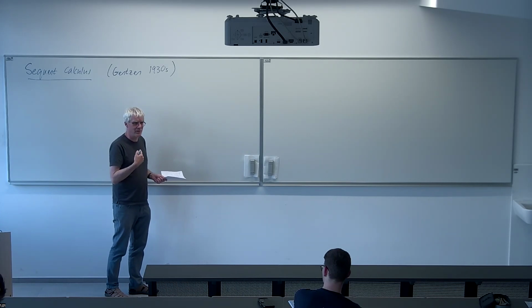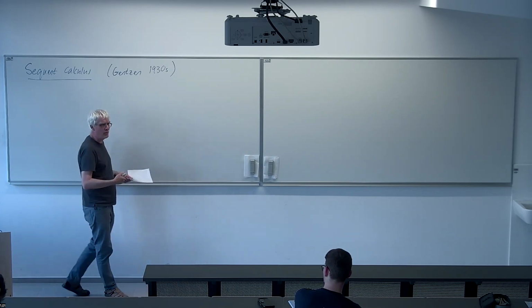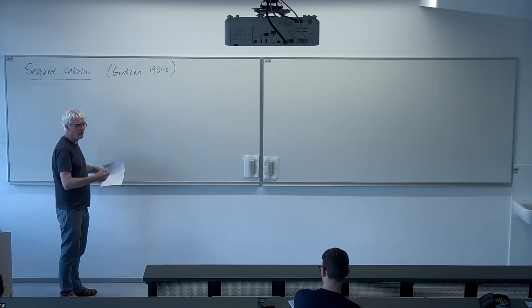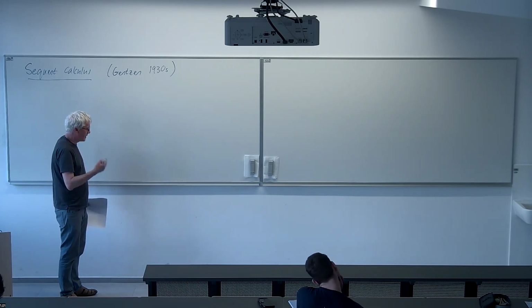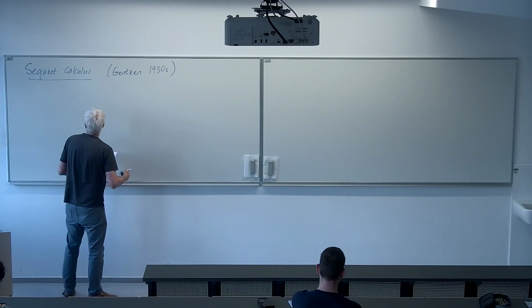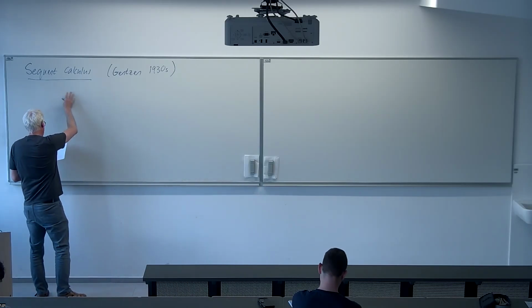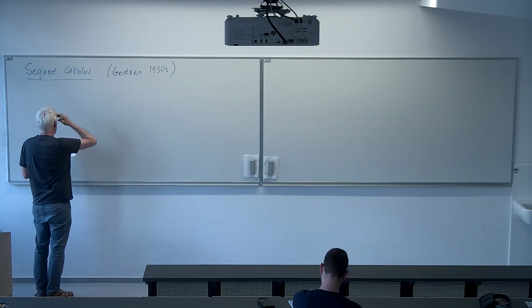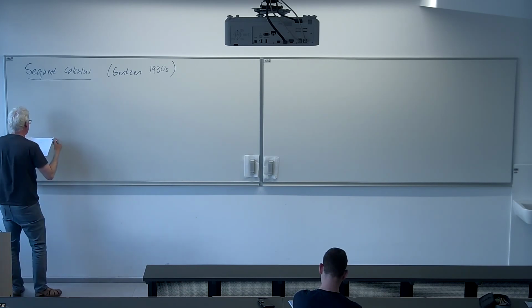Gentzen's nice idea was to make the unit in a proof a bit more complicated, to give it some structure, and then you can use that structure to deal with logic in a very nice, elegant way. That structure is what are called sequents, and they are what the sequent calculus system is based on.